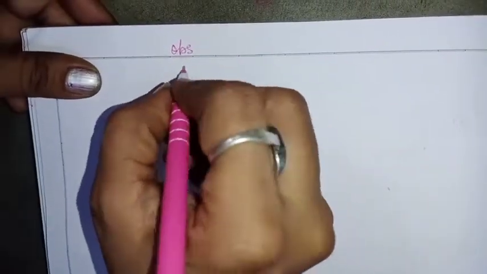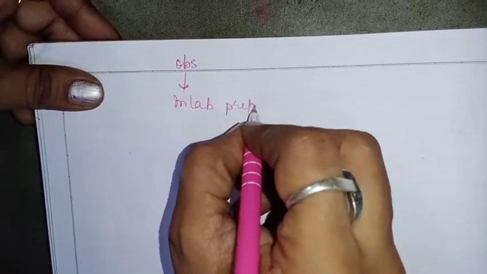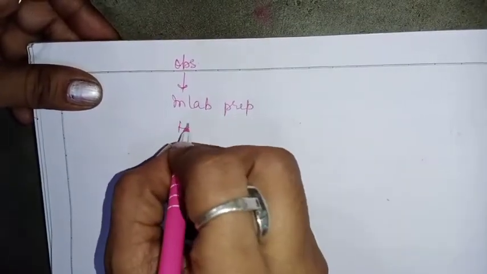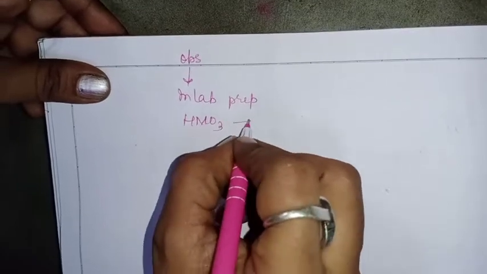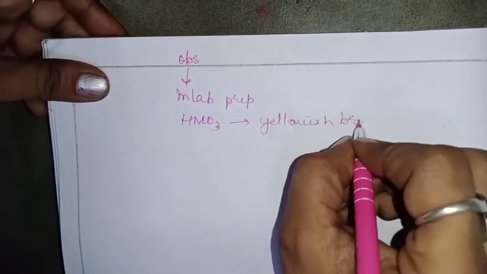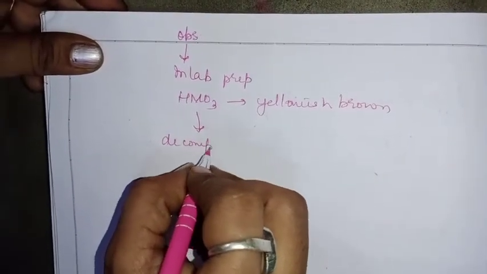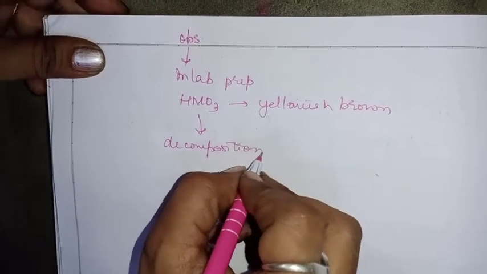So again, observation is very important. In observation, we observe that in laboratory preparation, the nitric acid which we are collecting has a yellowish brown color. This yellowish brown color is due to the decomposition of nitric acid.